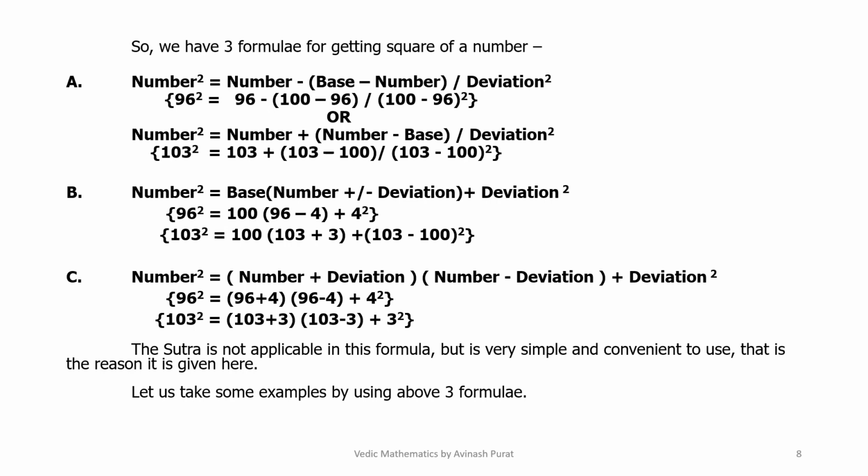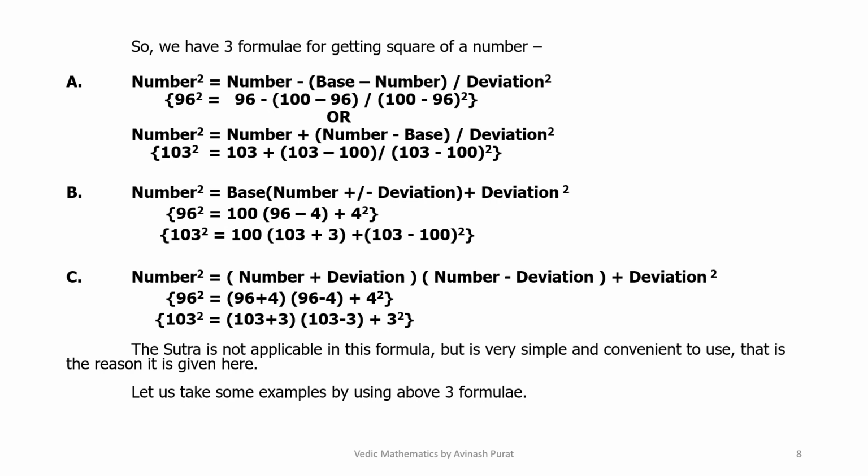Second example, 103 squared equals (103 plus 3) multiplied by (103 minus 3) plus 3 squared. Now this sutra is not applicable in this formula, but it is very simple and convenient to use. That's the reason it is given here.